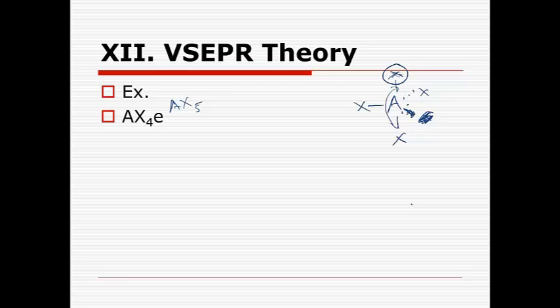This shape is known as a seesaw. Where did the seesaw come from? It basically looks like this. If I rotate this, let's say 90 degrees that way, then that X goes there. You have one leg sticking out this way, one leg going behind that way, and that's your seesaw.